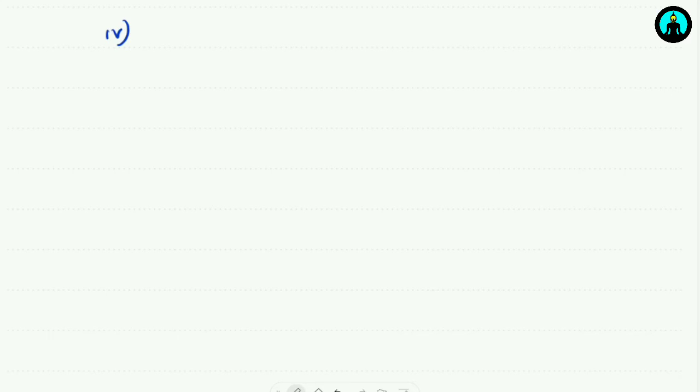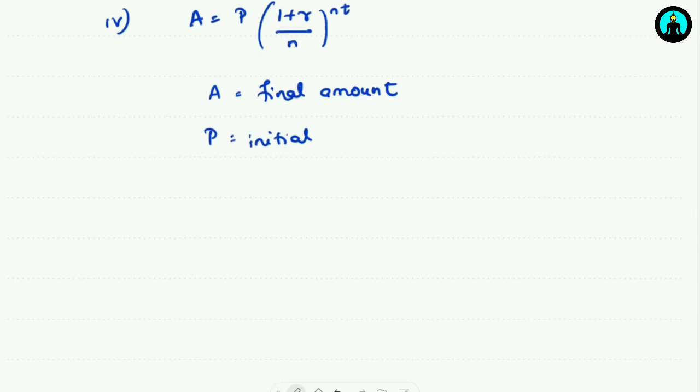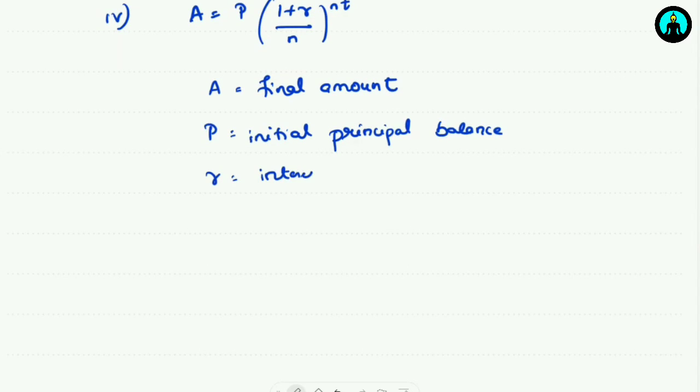The formula for compound interest will be A is equal to P into 1 plus R by N, the whole power of N into T. So A will be the final amount, P is the initial principal balance, R is the rate of interest, and N is the number of times interest is applied per period of time.